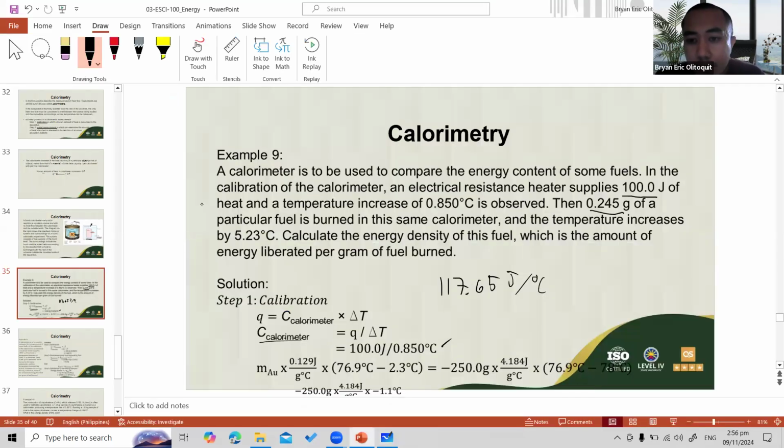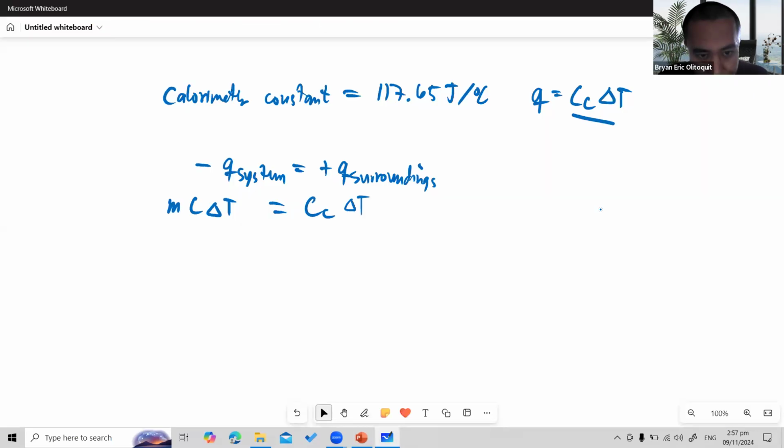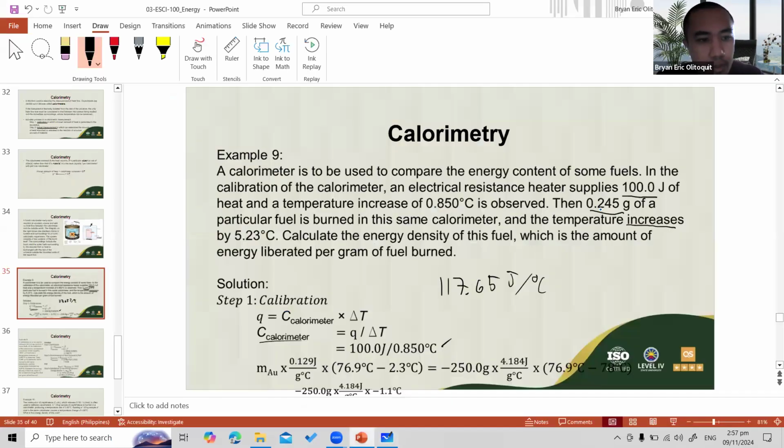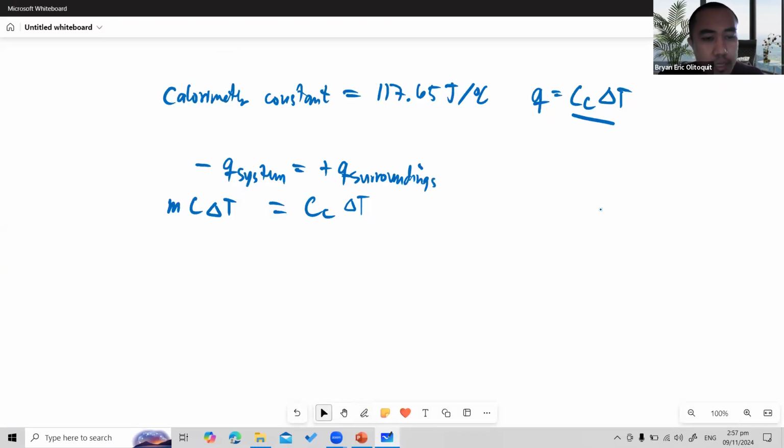Okay. So, based dito, latag na natin yung mga known value. As you can observe, there is an increase in temperature by 5.23 degrees Celsius. Alam ko hindi na kasama yung delta T in terms of system, so per joule na lang ang style.